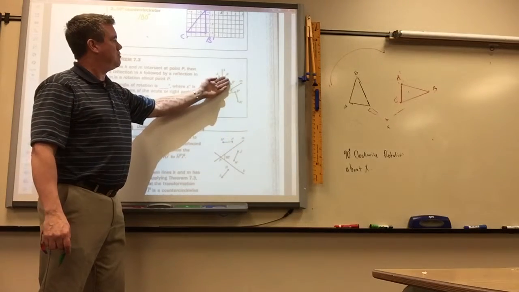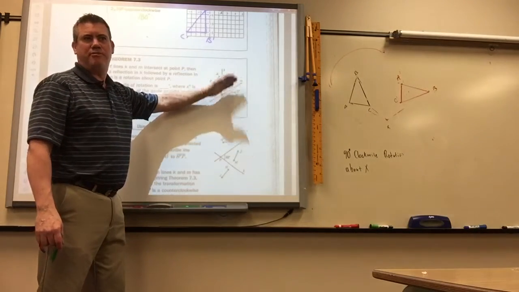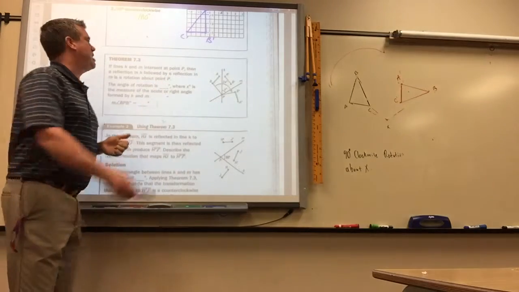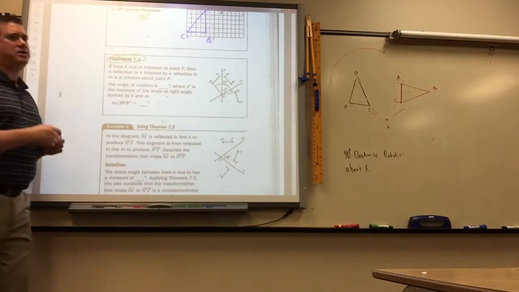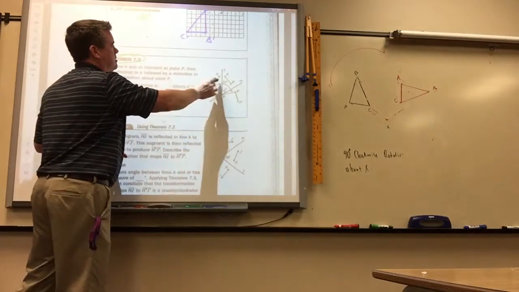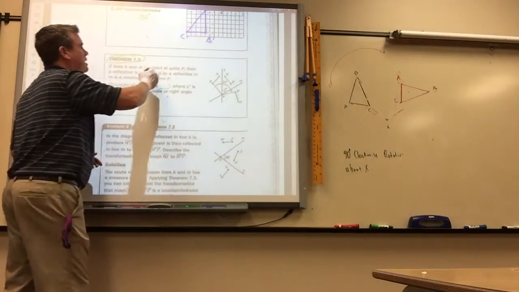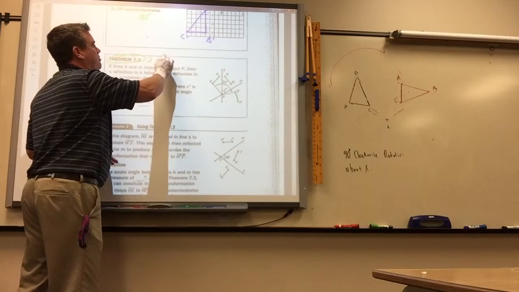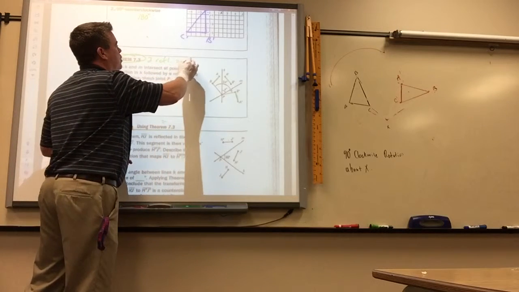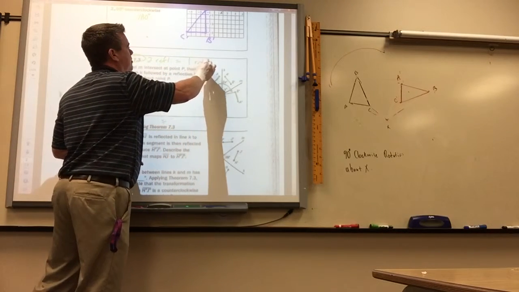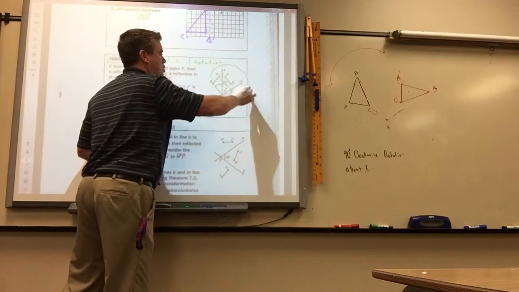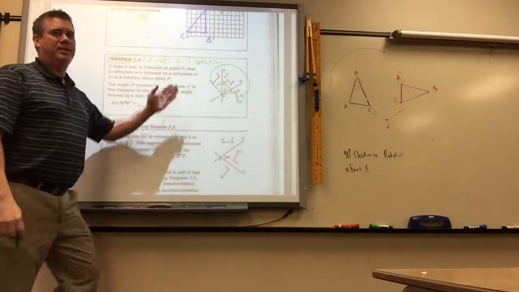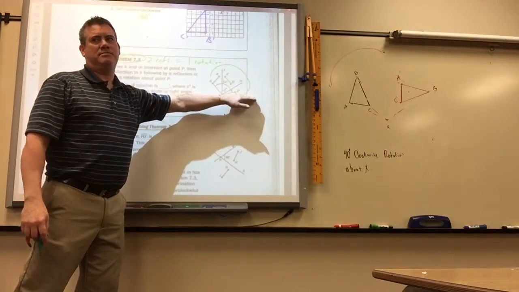What did they do to get from here to here? Reflected. So all this is telling you is 2 reflections. If you reflect over 2 lines, 2 reflections equals 1 rotation. To get from here to here, you could have just rotated it right away instead of reflecting and reflecting.